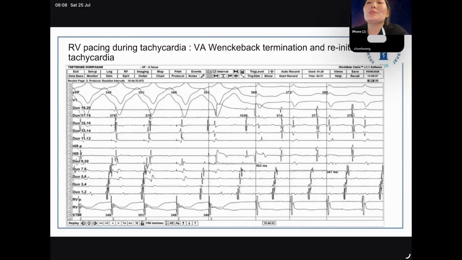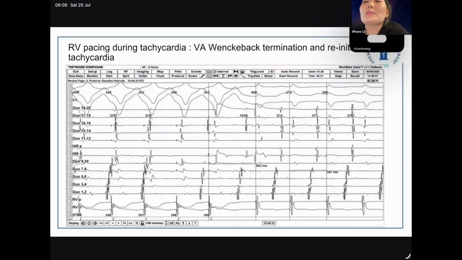Then we tried to do entrainment during the tachycardia. When we performed the entrainment, here after the second beat, we can see the Wenckebach and termination of the tachycardia, then the tachycardia reinitiation.